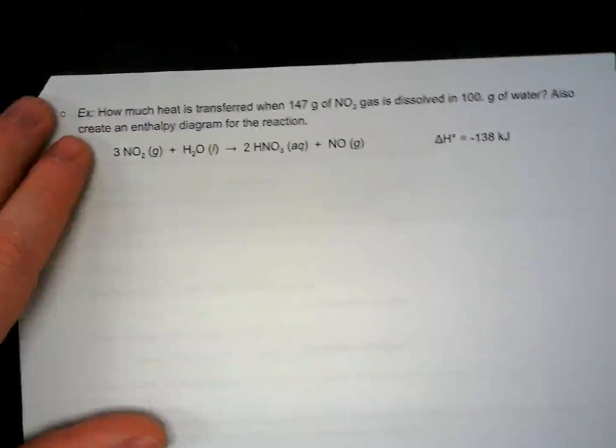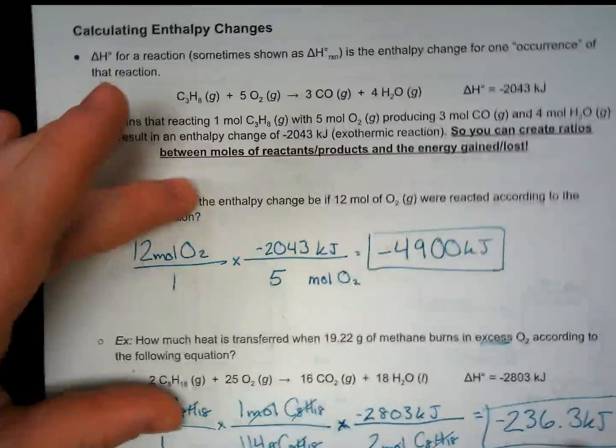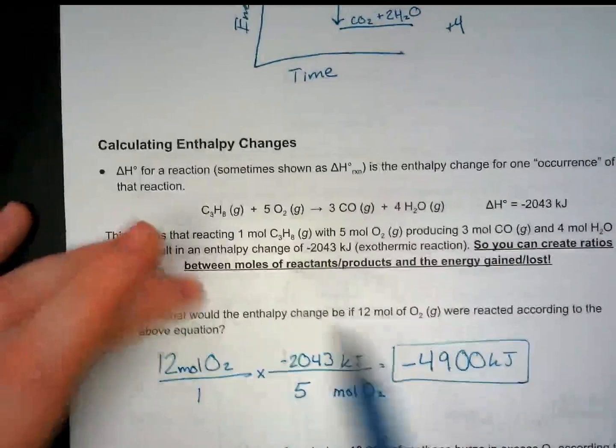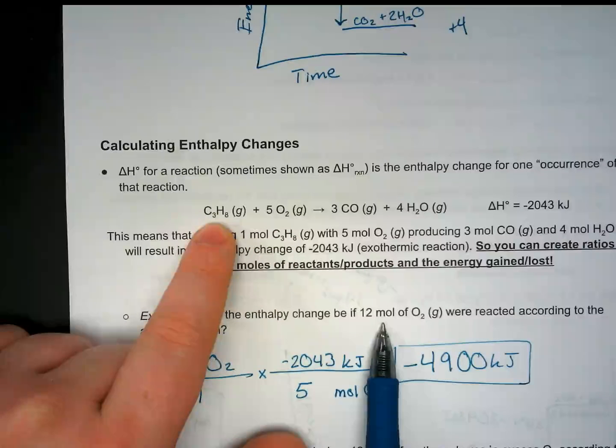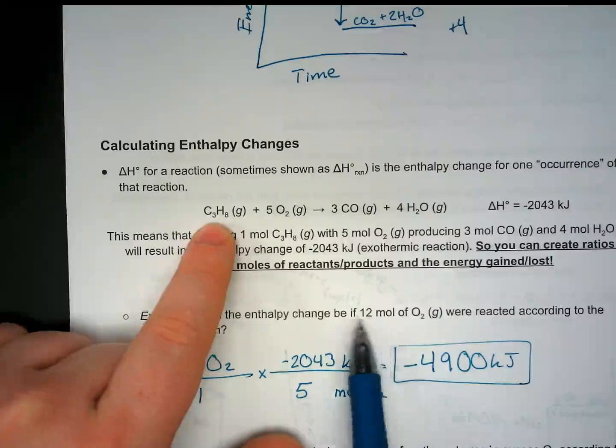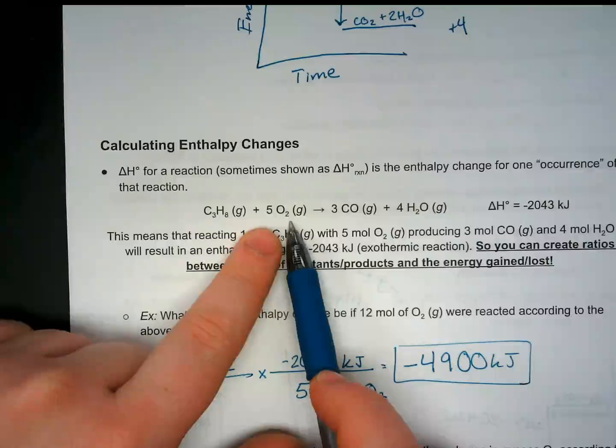Okay. And so that's what we practiced in the beginning, and here we're just adding a bit more to it. These two problems are assuming that for this one we have 12 moles of O2, but we're assuming there's an excess of butane, so we don't have to worry about this running out. We're worried about this running out.